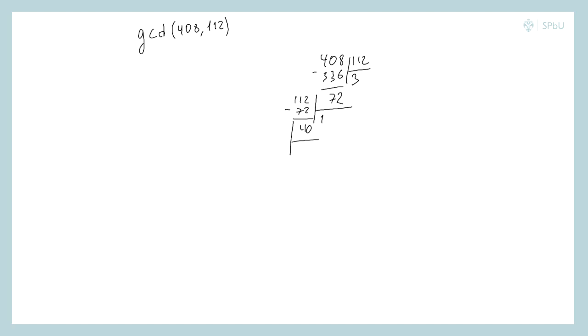After that, we divide 72 by 40, and it's also 1 times 40, and the remainder of the division is 32.